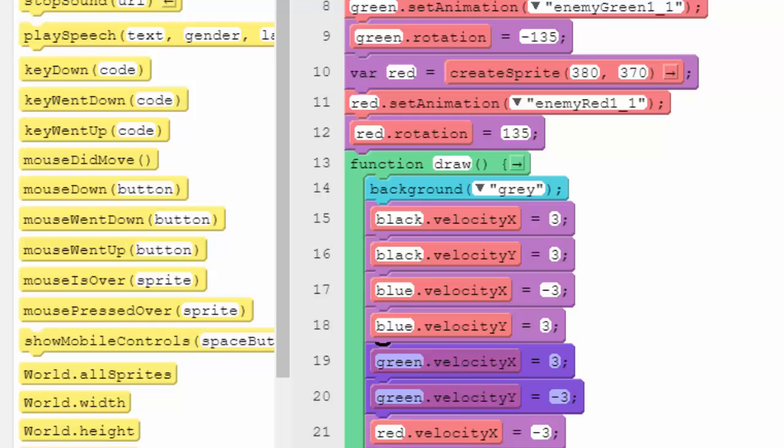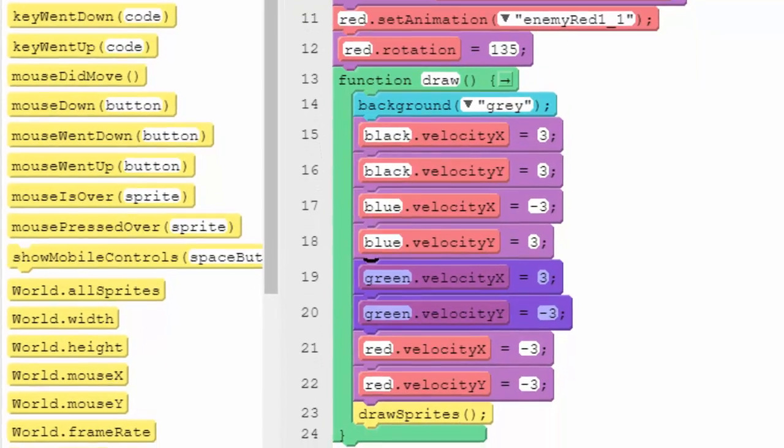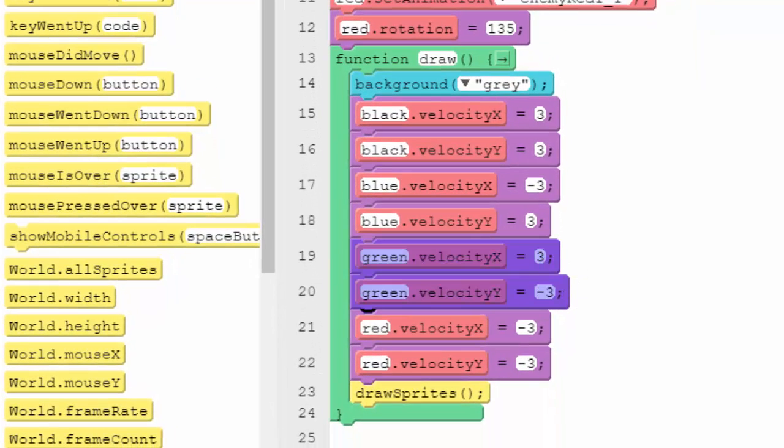The x is 3, the y is -3. So it's going to be going to the right, but it's going to be going up. All right, so that's its diagonal movement. And then for the red one, -3 and -3. So that one is going to be going to the left and going up because of that combination of numbers on the velocity x and velocity y.